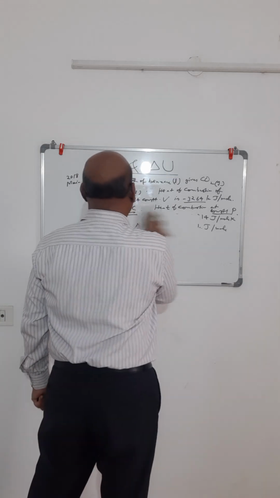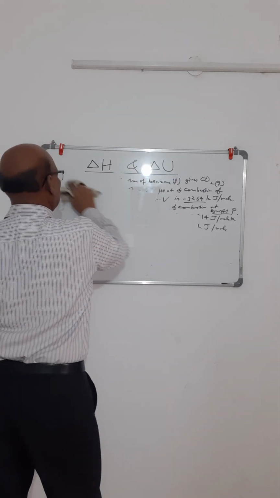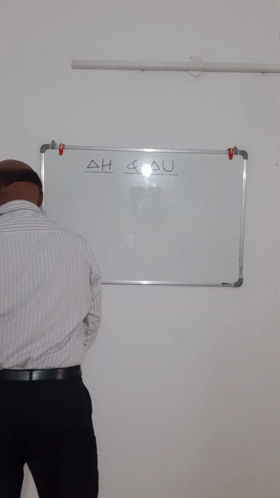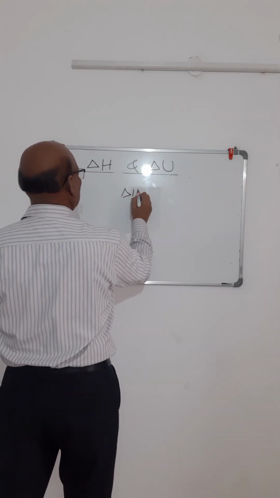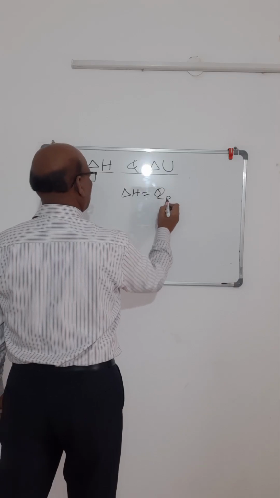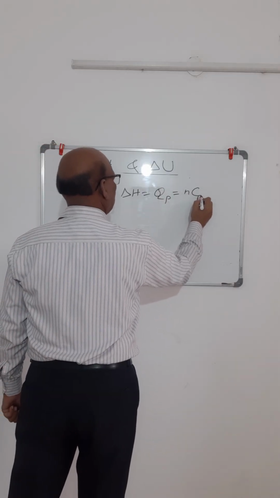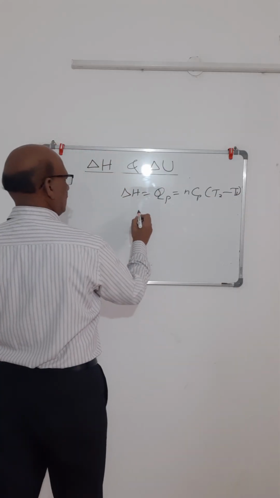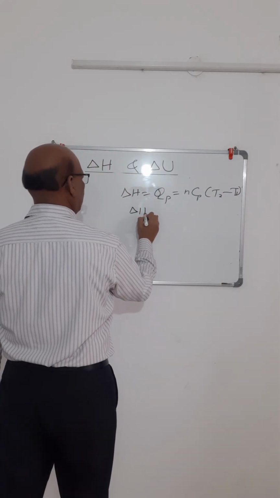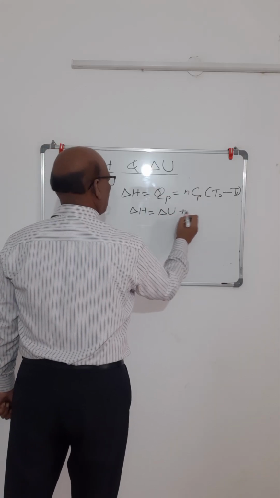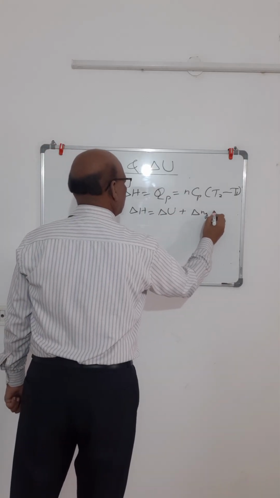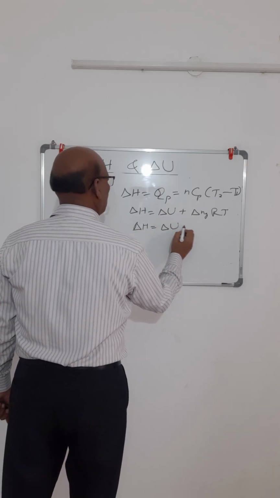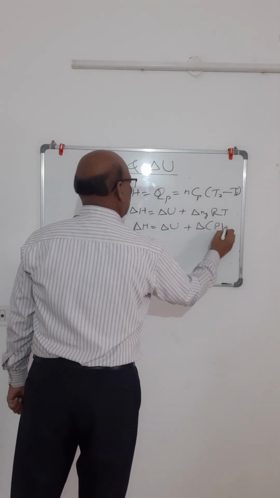I hope the application of these equations is clear to you. Delta H, the heat exchange at constant pressure, equals n Cp (T2 minus T1). This formula you should always remember. And then delta H equals delta U plus delta Ng RT, and delta H equals delta U plus delta of PV.